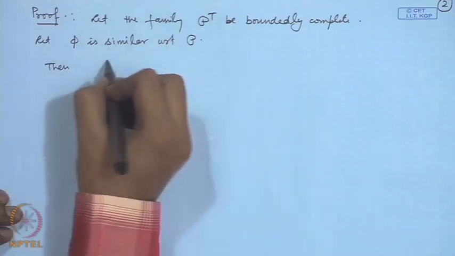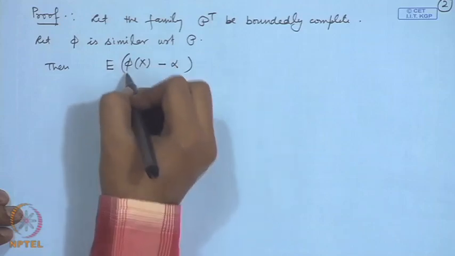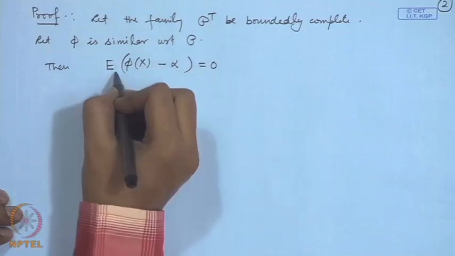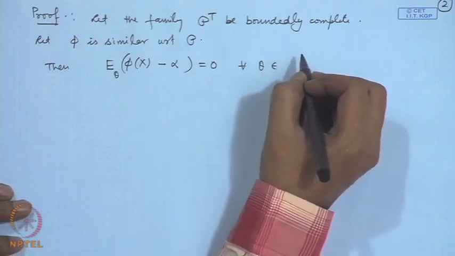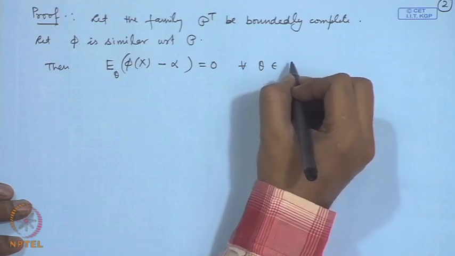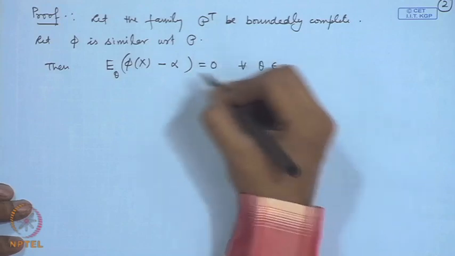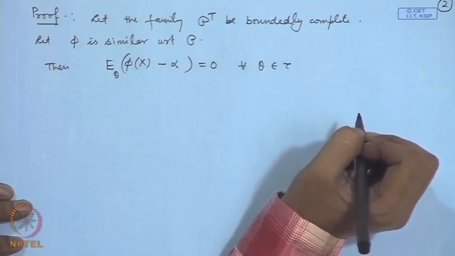So, if it is similar, we are able to write down that expectation of φ(X) minus α is equal to 0 for all θ belonging to Θ_0. If it is similar, then we can say it is equal to this for every θ belonging to the boundary.